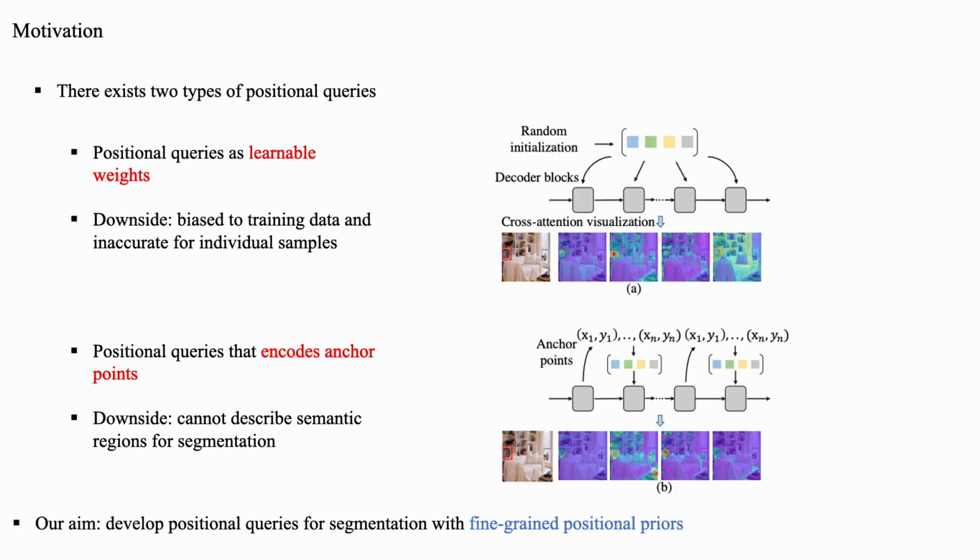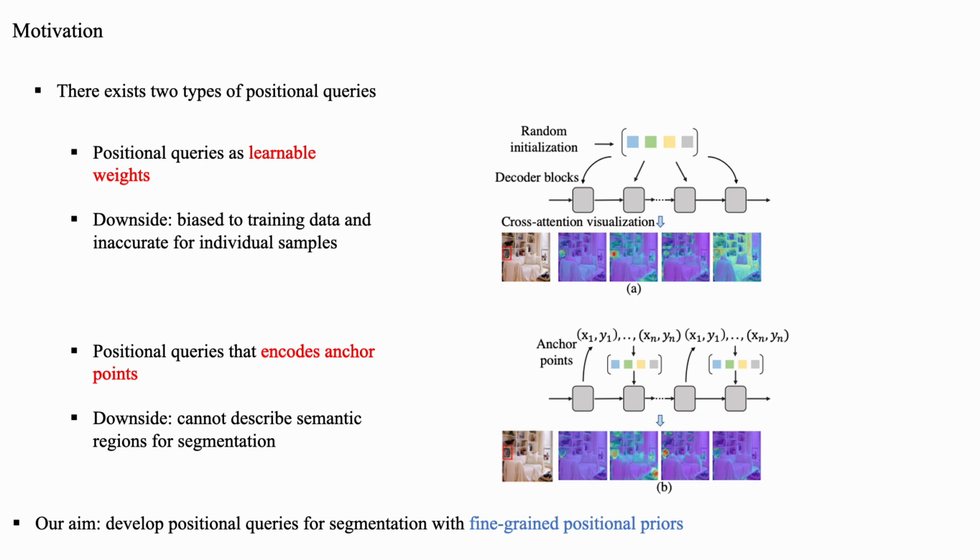There are actually 2 types of positional queries. The first type is positional queries as learnable weights. The downside of that positional query is that it is often biased to training data and inaccurate for individual samples. We can see the randomly initialized positional queries as learnable weights are actually the same for all the different samples.